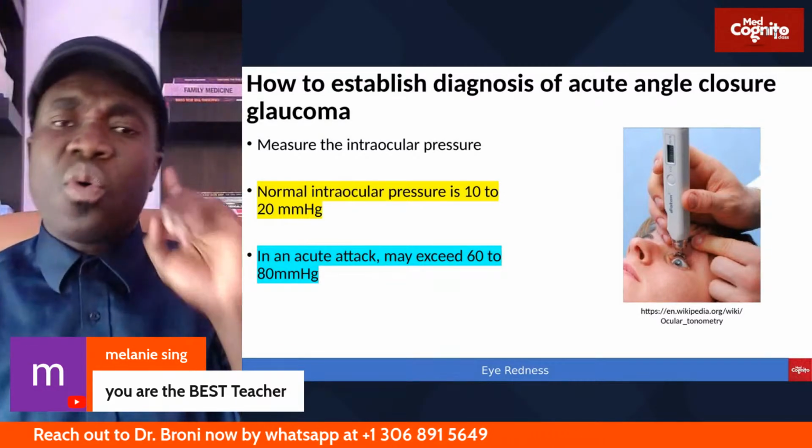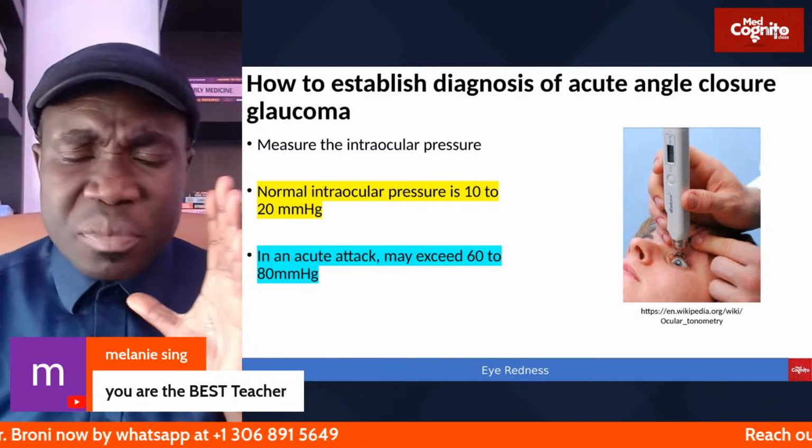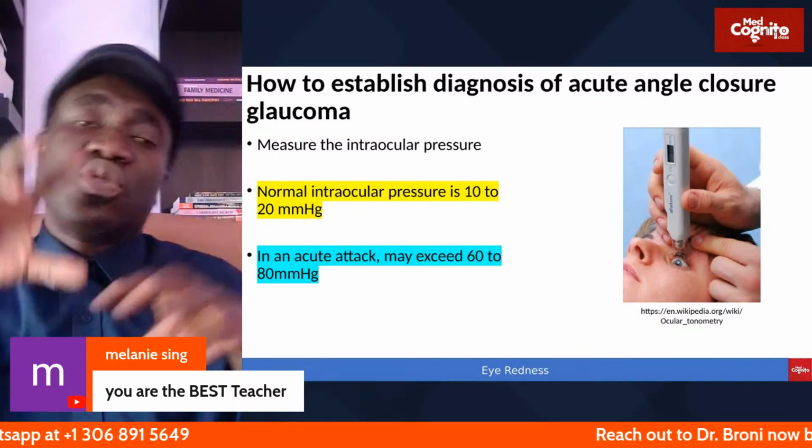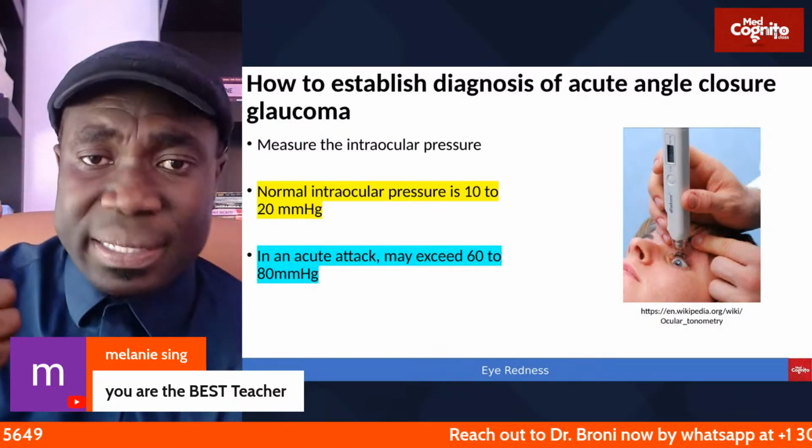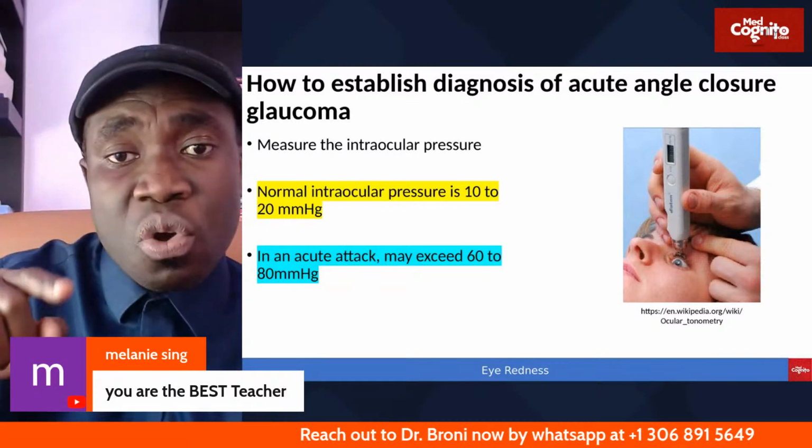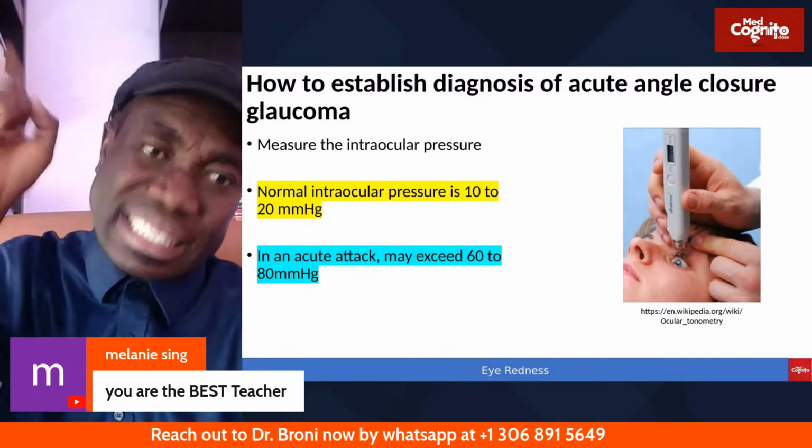So remember, what's the normal intraocular pressure? 10 to 20 millimeters of mercury. But in acute angle closure glaucoma, it can go as high as 60.